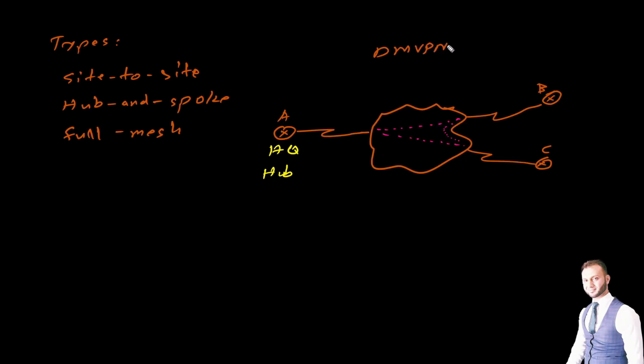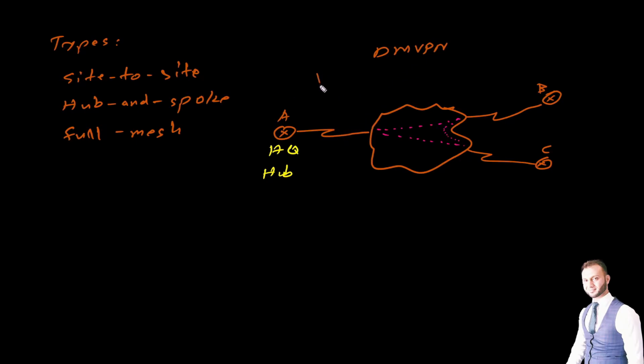So in this case, what happens is that the IP addresses that my spokes are taking are maybe DHCP that the service provider is assigning to them, and they keep on changing. So in that case, the hub or all the sites would dynamically need to create that VPN connection. So we use DMVPN.